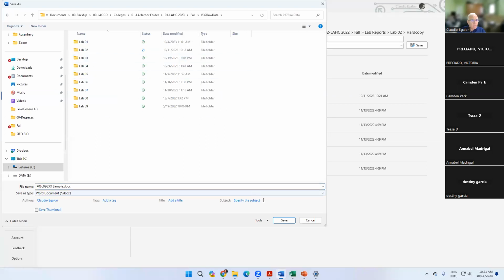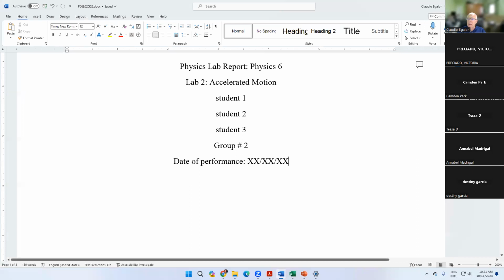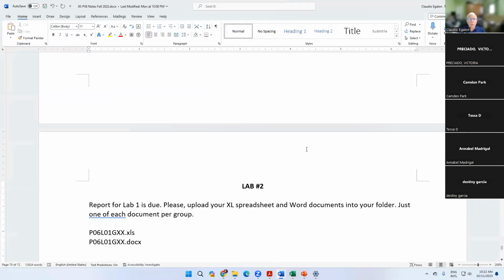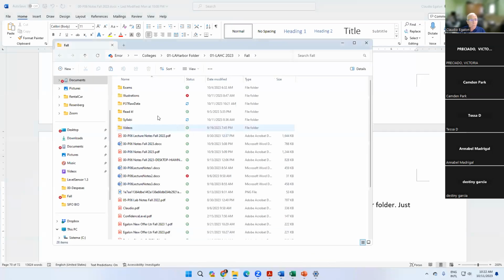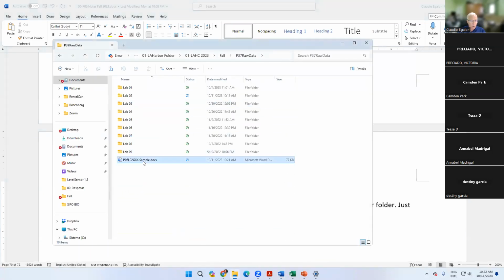Have you been able to download the spreadsheet? I am saving it. Okay, now what am I going to do here? I'm just gonna copy it into every group's folder.